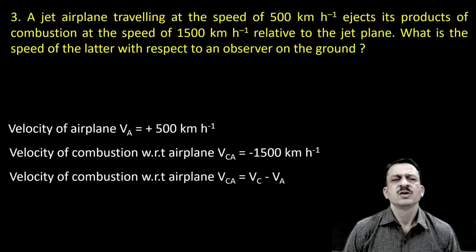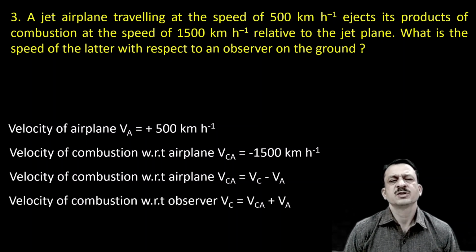Now the velocity of combustion with respect to the aeroplane is given by the formula VCA equals VC minus VA. With this relation we are going to calculate the velocity of combustion VC with respect to the ground. Therefore the velocity of combustion with respect to the observer on the ground, VC, is given by VCA plus VA.